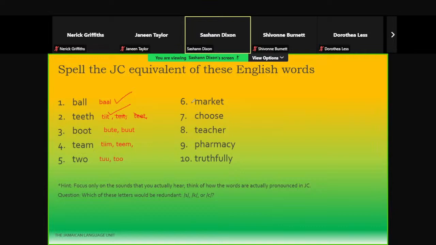Remember at the beginning we said no silent letters in this writing system. Could I get someone to attempt pronouncing option 1, B-U-T-E? What might that sound like? Daisy says option 2.